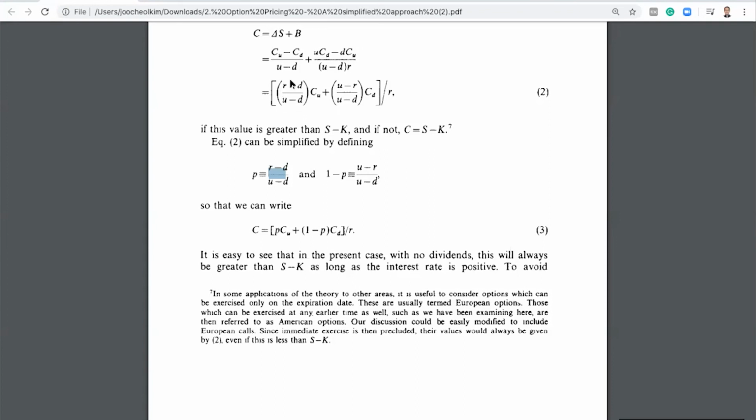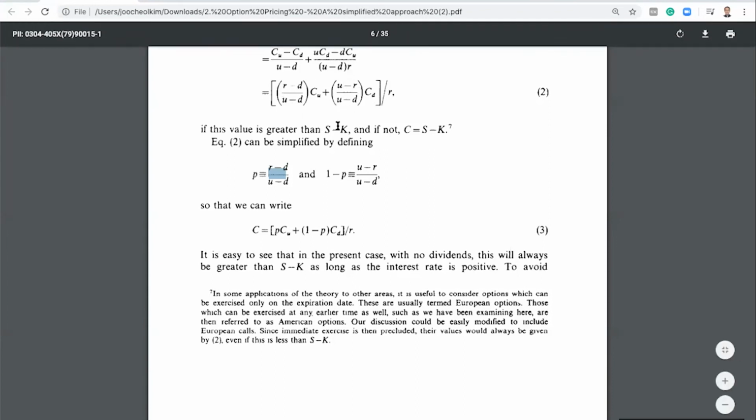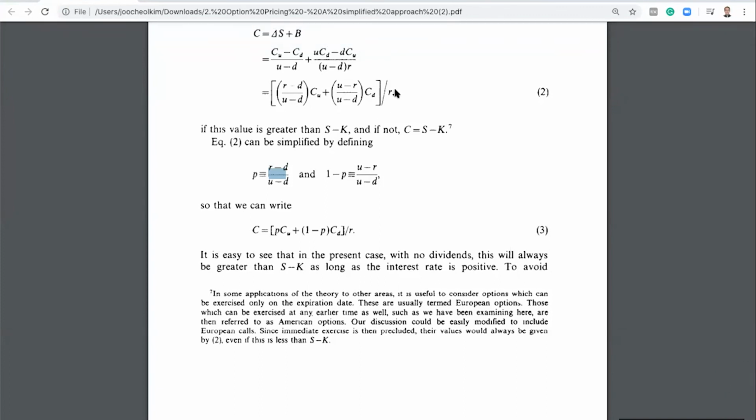By using his probability, we can take the expectation and then bring the expected value to the current value by multiplying by the discount factor. That's why we call this value risk-neutral valuation. But it does not mean there is a guarantee that there are no arbitrage opportunities when you calculate the risk-neutral valuation formula.